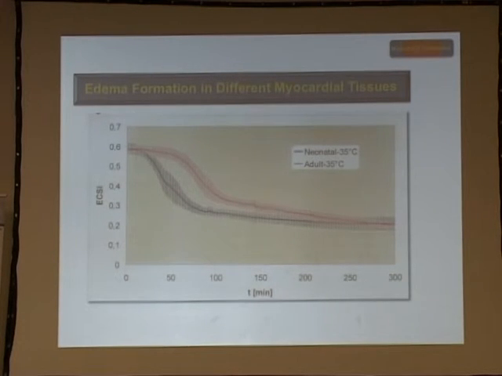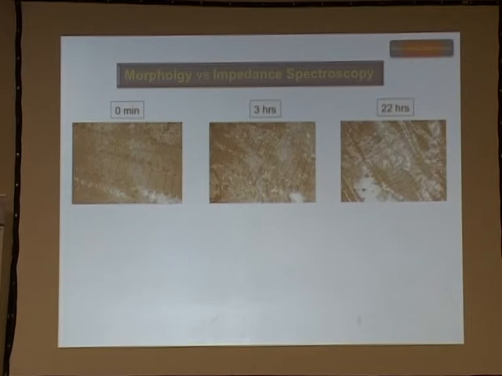Finally, by these impedance measurements, and this is again for the first time, we are able to determine the closure of gap junctions. Oh no, sorry, before, I missed morphology. Now you may ask, what is true of what you are measuring?